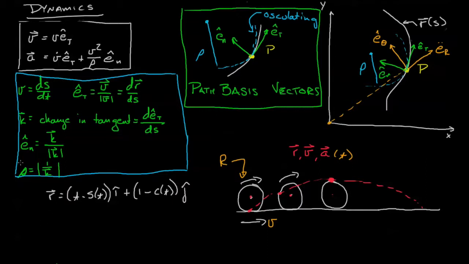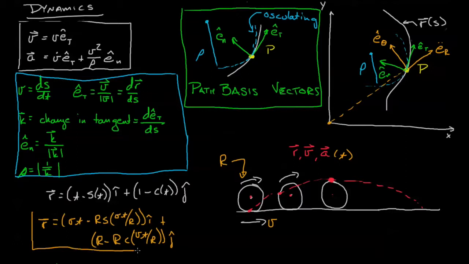If you do that, you'll find that the given position of that point is vt minus r sine of vt over r in the i direction plus r minus r cosine of vt over r in the j direction. This is our equation of position as a function of time in the i and j directions.